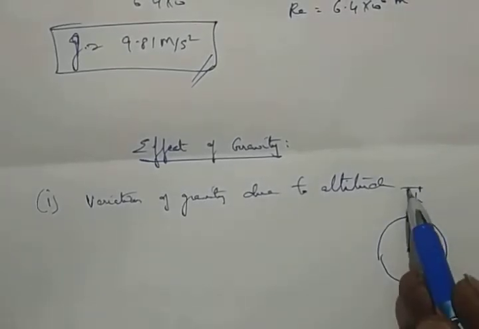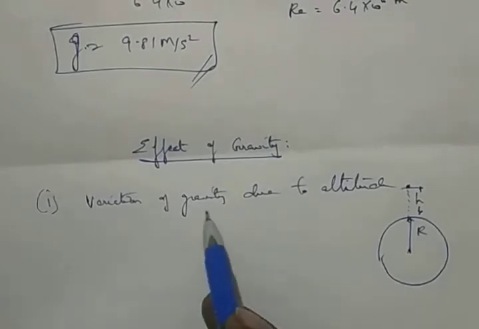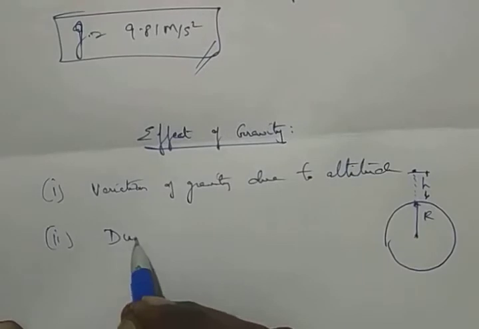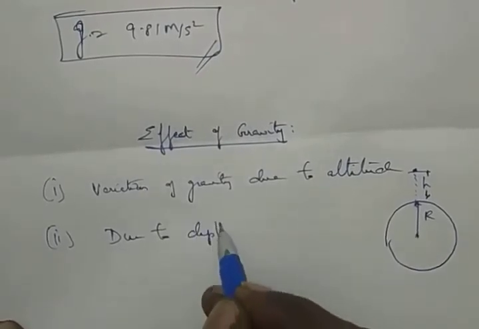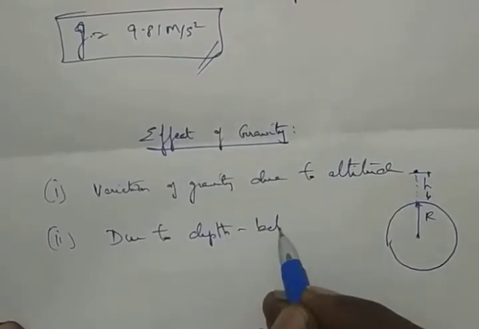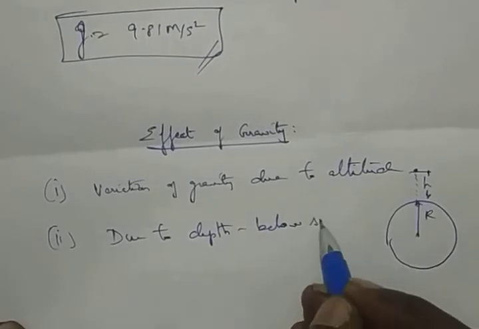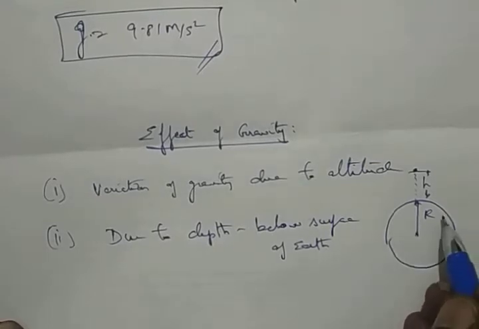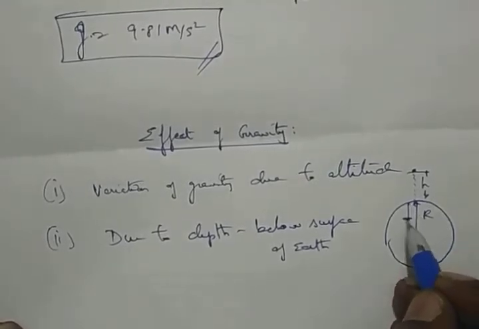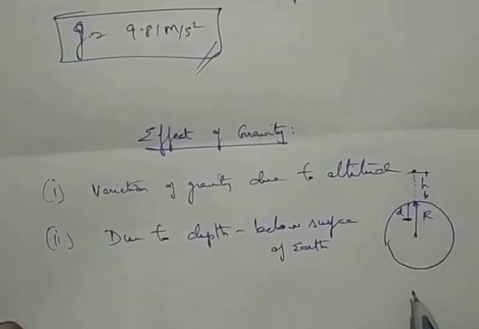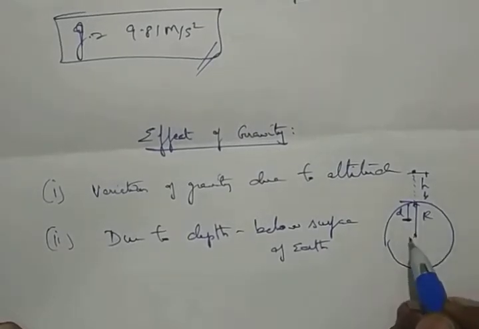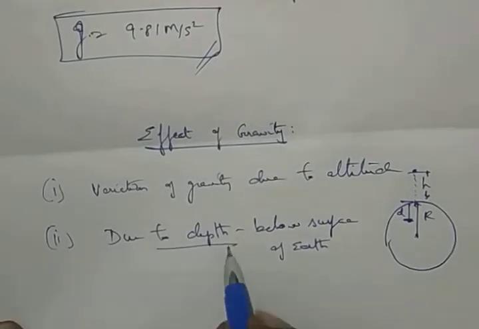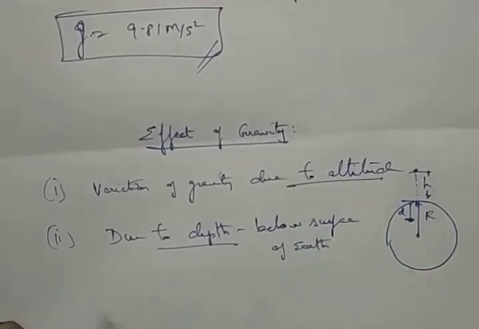What will happen to the variation of gravity if you stand here? Second part, due to depth below the surface of Earth. If you dig down and go here, you've gone to a depth d, and you're standing here, what will happen to gravity? Due to depth, and this is due to altitude.